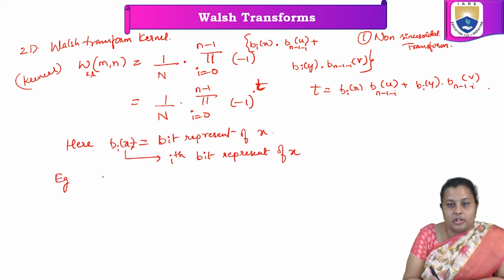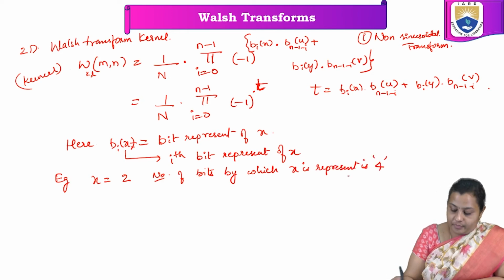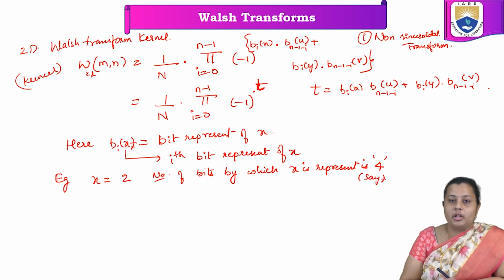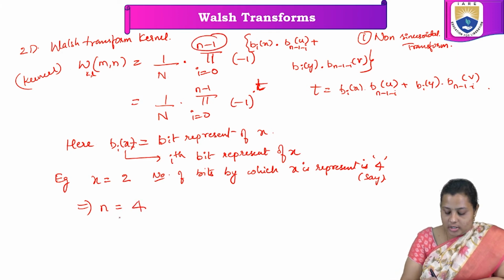For example, if we consider x equal to 2, and the number of bits by which x is represented is 4, just for an example, then n is equal to 4. Here, whatever n we are considering is given by the number of bits by which x is being represented. So here we are considering n as 4.